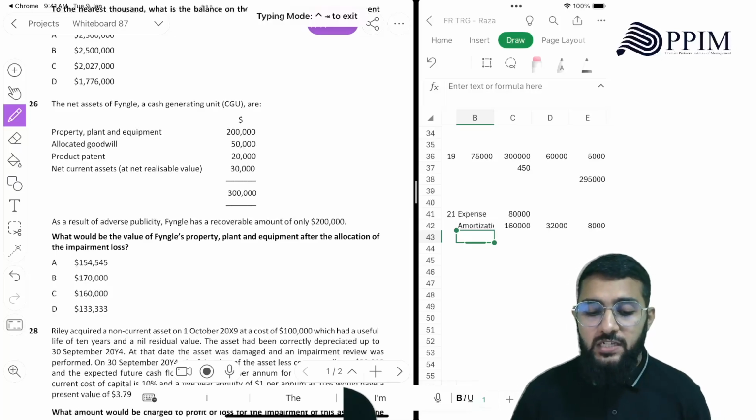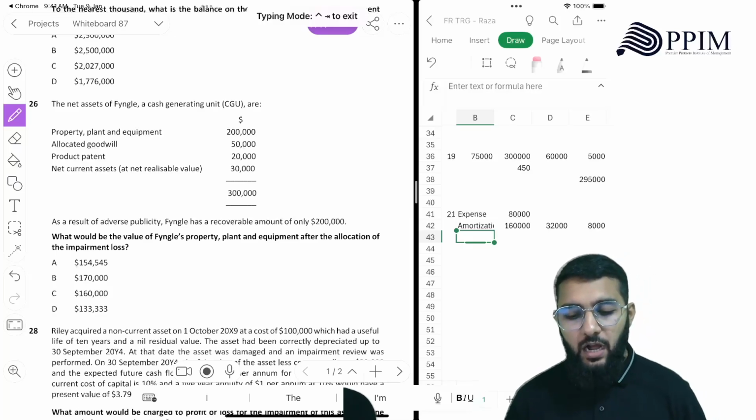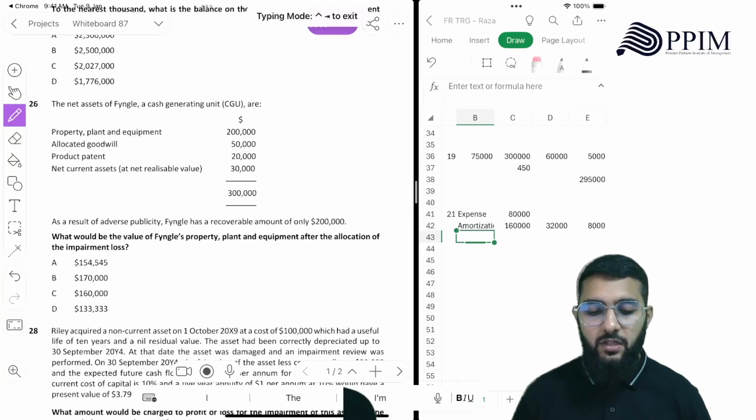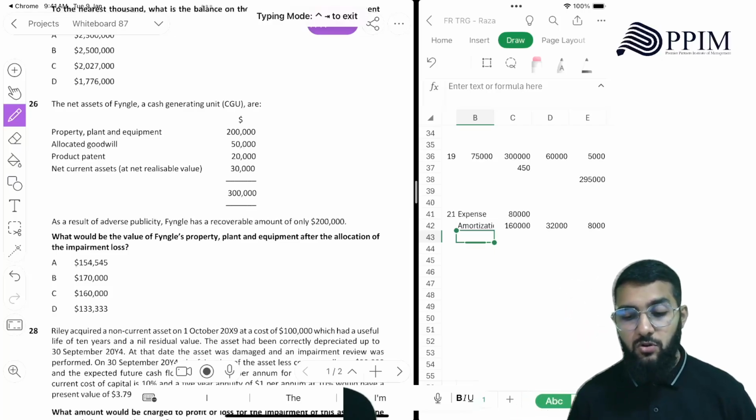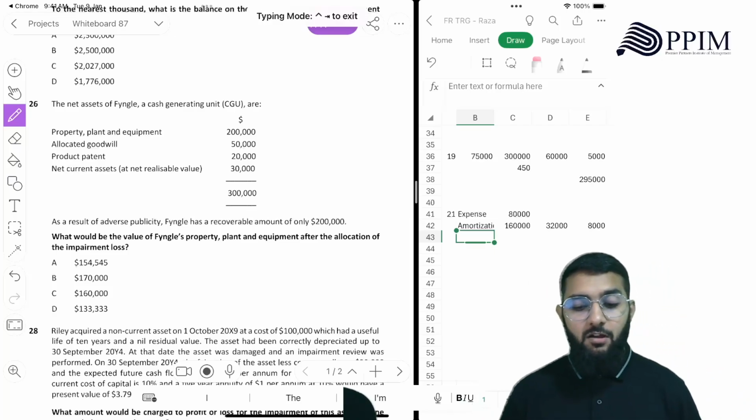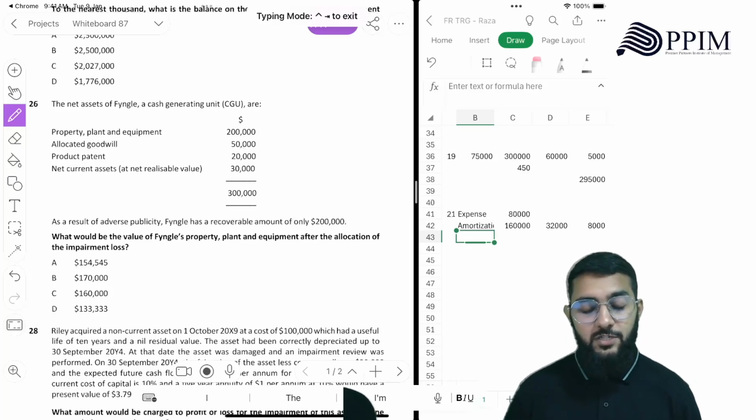As a result of adverse publicity, Feingle has a recoverable amount of only 200,000. Out of 200,000 recoverable amount, 300,000 cost of CGU. What is the impairment? 300,000 minus 200,000, carrying amount minus recoverable amount.